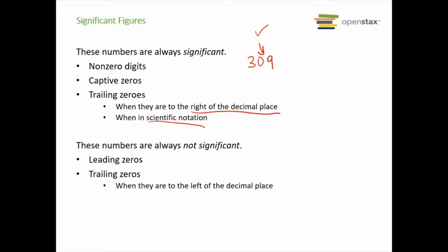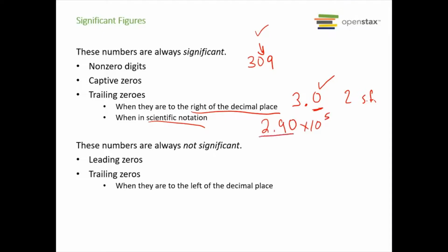So for instance, if I have the number 3.0, this 0 is to the right of the decimal place, it is significant. So this number has two significant figures. Or if I'm in scientific notation, which you can use to show significant figures for a big or a small number, for instance, 2.90 times 10 to the 5th power.